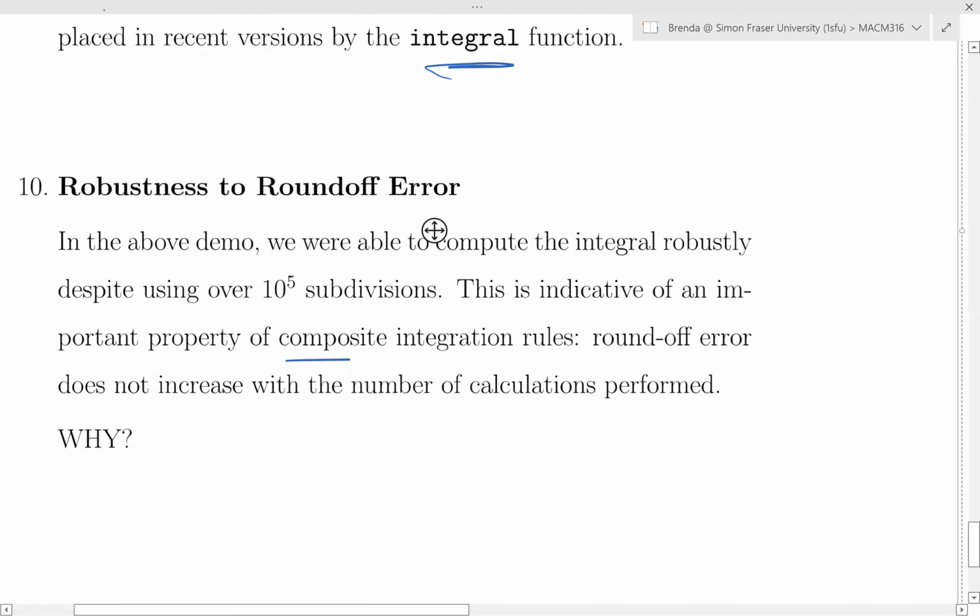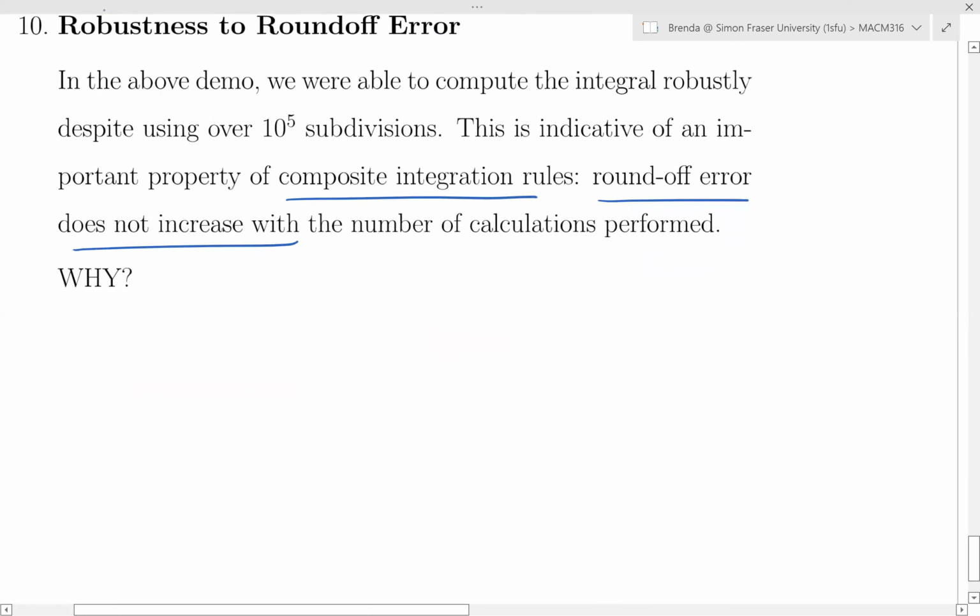These composite integration rules have this very nice feature that the round off error does not increase with the number of calculations that's done. Why is that? Let's talk about that.